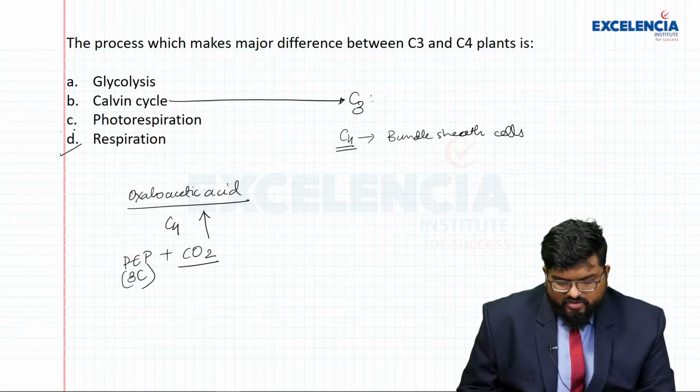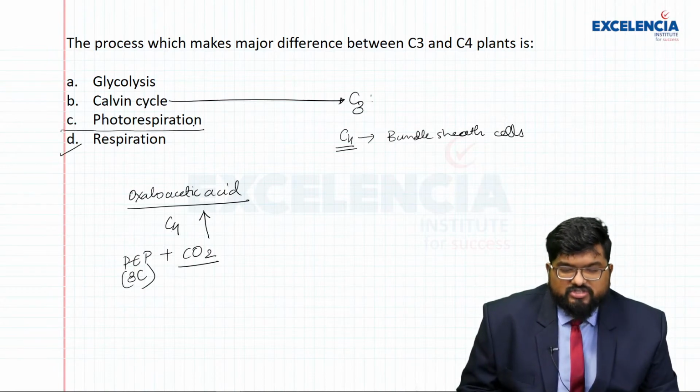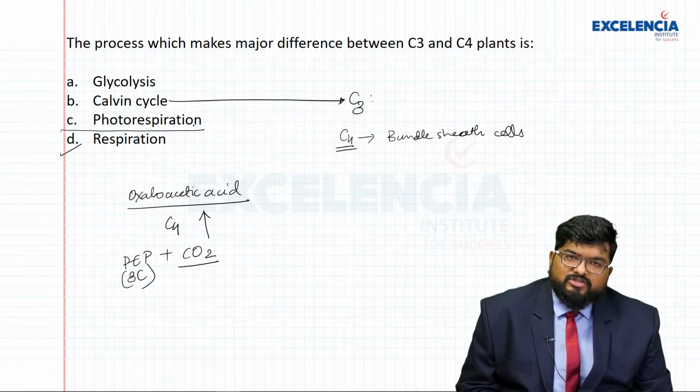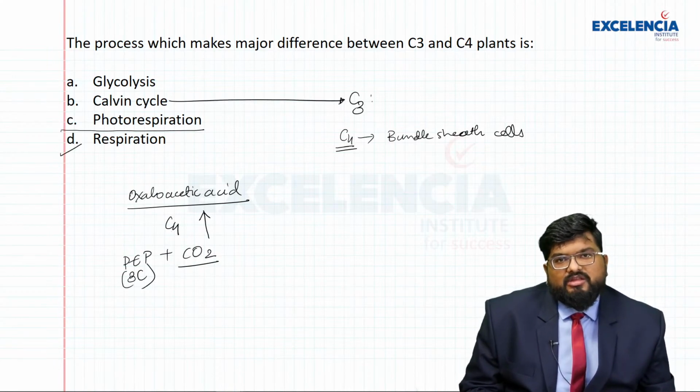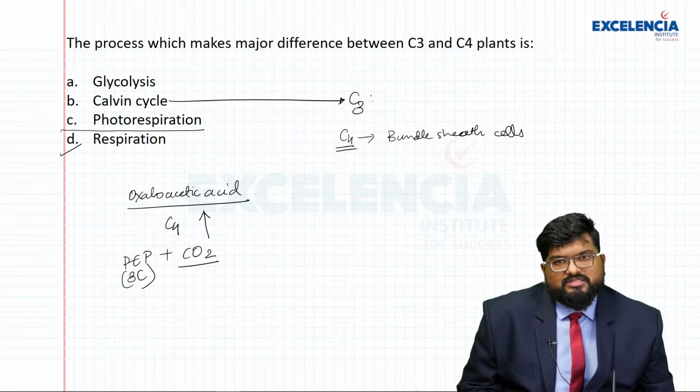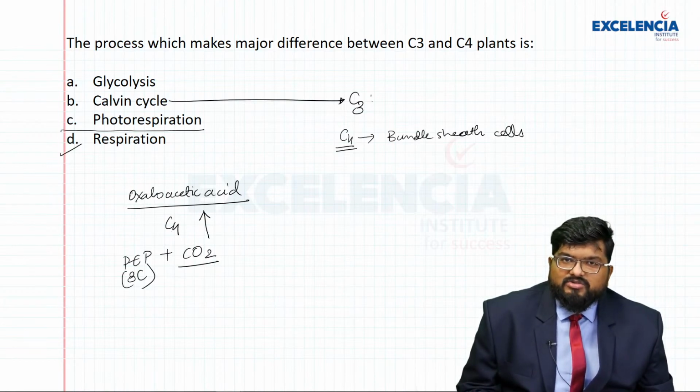Then what is the difference is photorespiration. Now photorespiration is a process that is detrimental to C4 plants. Are you understanding? Photorespiration is detrimental to C4 plants, but in C3 plants, a small amount of photorespiration is beneficial. Why?